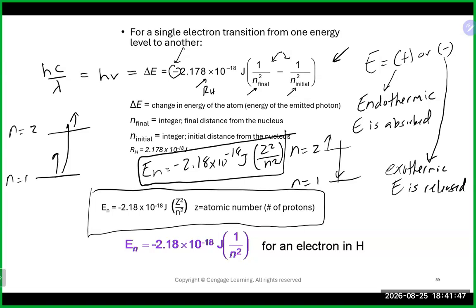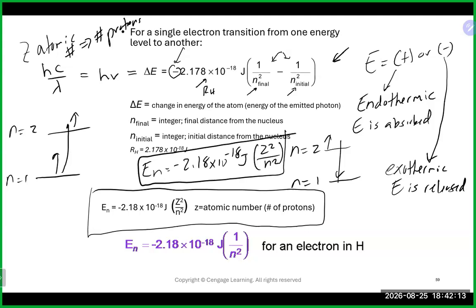So if you know what energy level your electron's hanging out at, you will know how much energy is associated with it on that specific one in the hydrogen atom. Z here is the atomic number, and that is the number of protons, which you can find on the periodic table, and that is the number above the symbol.